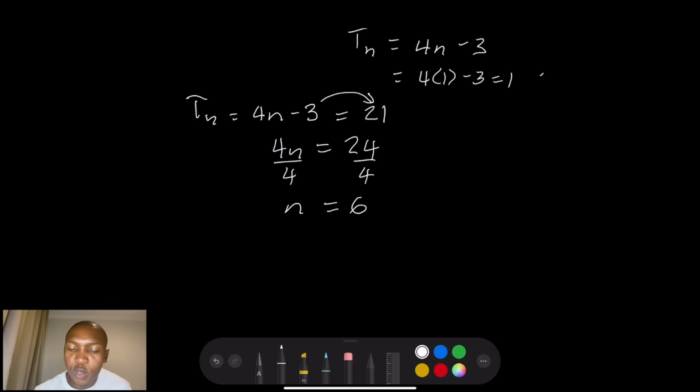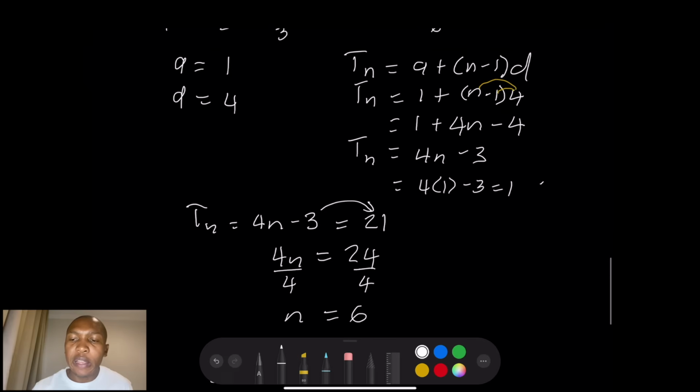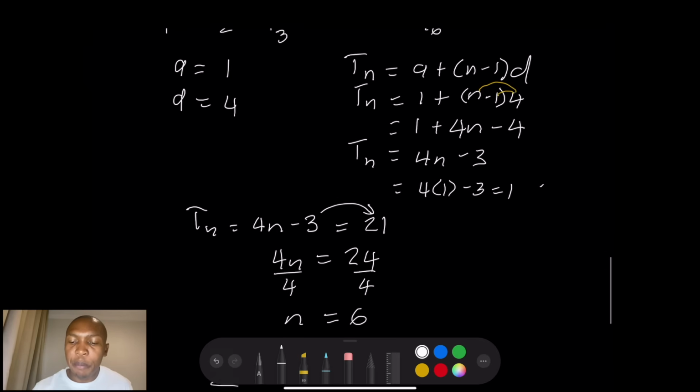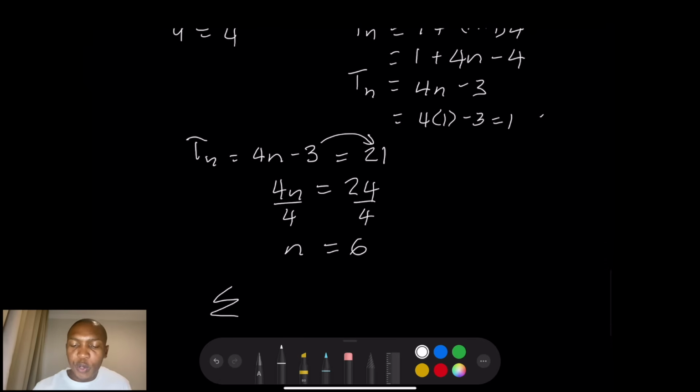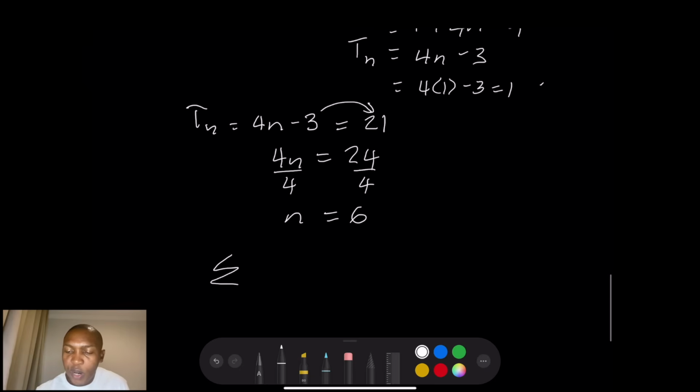All I'm simply going to say is, okay, please forgive me. I keep trying to write with different colors because I want it to be visually appealing so that it doesn't become bland and monotone. But of course, as I said, we'll get there. All right, so in this case, it's going to be n equals 1 up until 6.